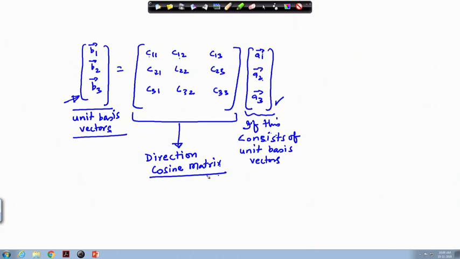Obviously, we see that this is representing one rotation here, but we define the rotation in a more precise way. So, we will look into this topic further.